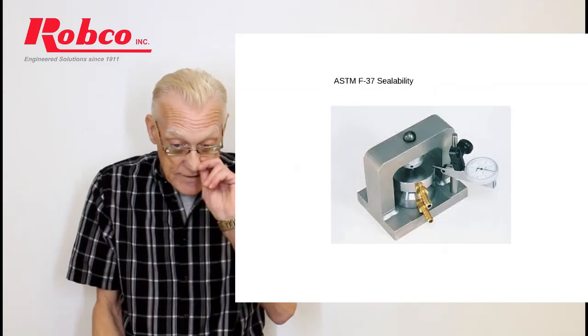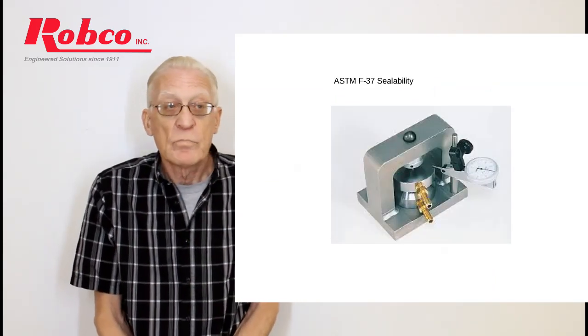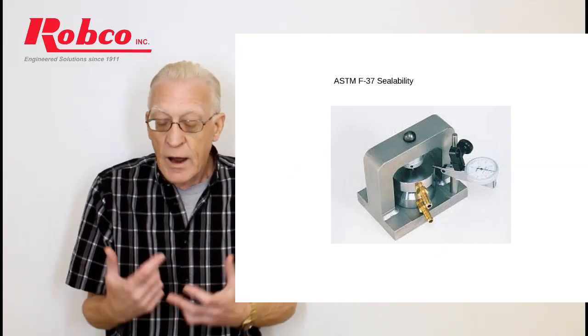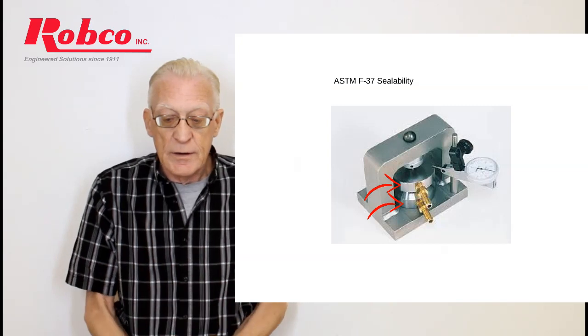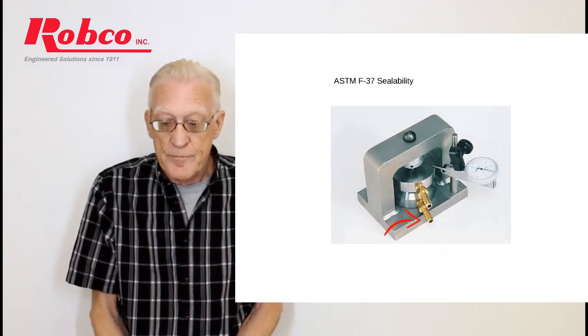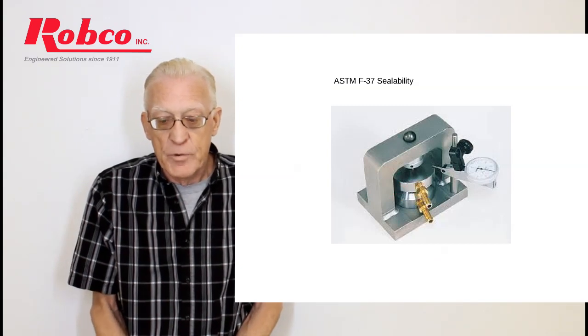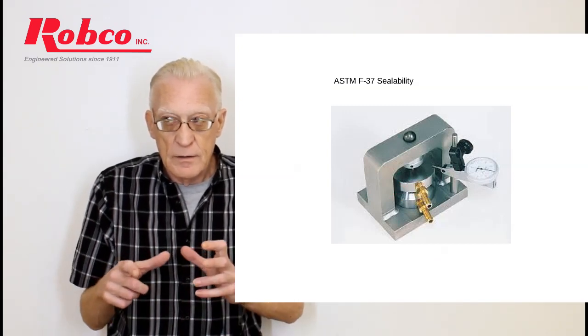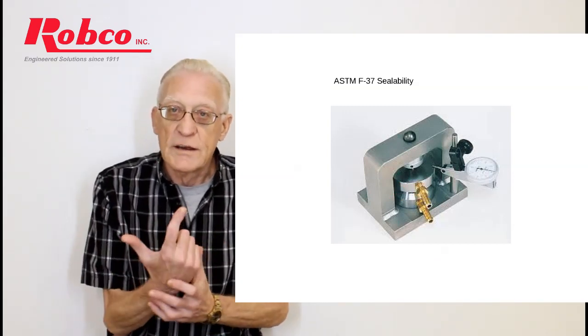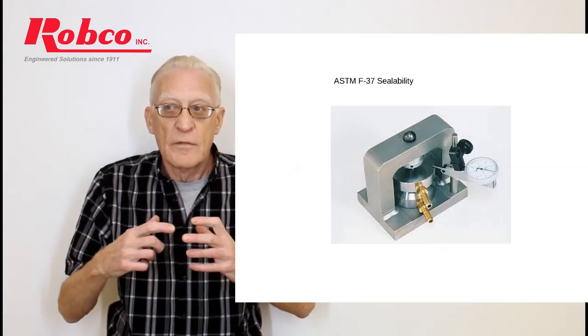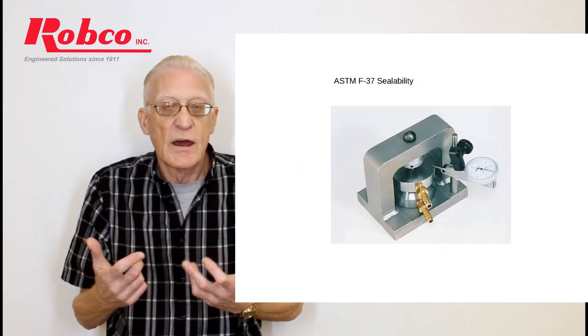The ASTM F37, again, I've reiterated a couple of times. This is the American version. It has 2 platens, an input for gas and an output for gas. They put the gasket onto that platen, and there's a hole at the inside of the gasket and a hole on the outside of the gasket. They don't do anything to the surface of the gasket.